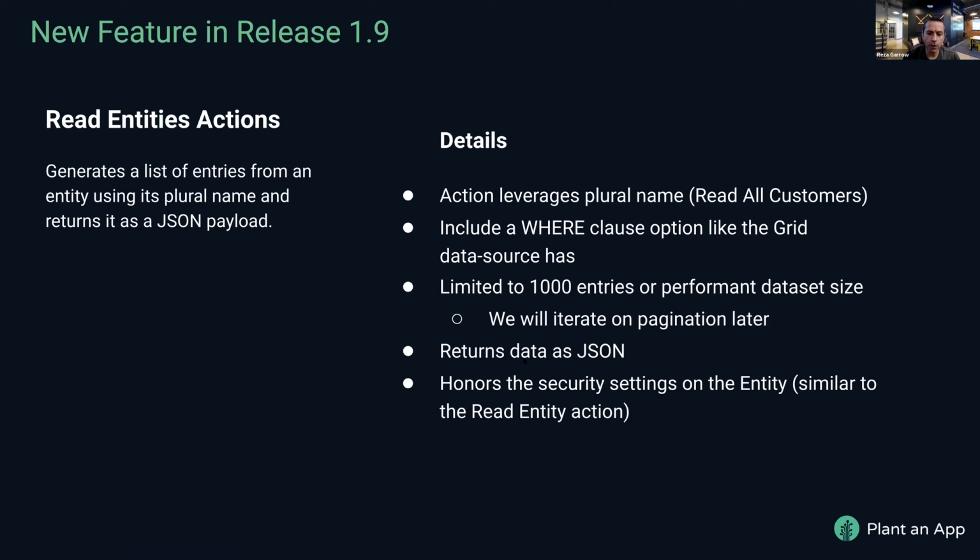Like I said, it'll return all the data as JSON. And then last note here is that it honors all the security settings that are set up on the entity. So if you've said a certain user can basically read or not read, then this action won't work if a user with that role is trying to run this action. So you always want to be mindful of how you're setting up your security.